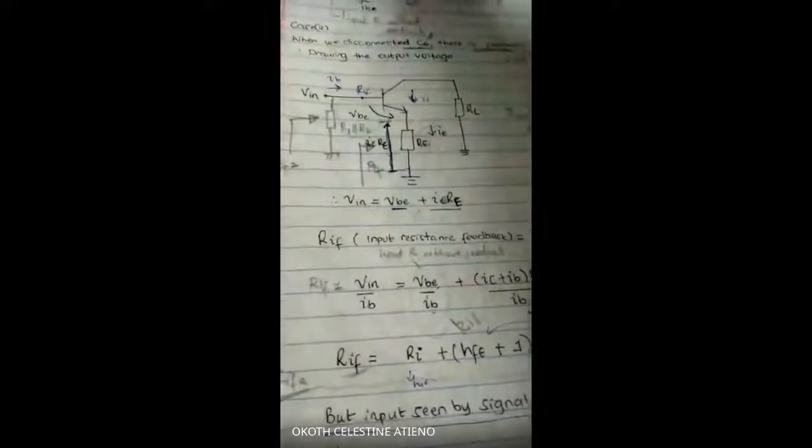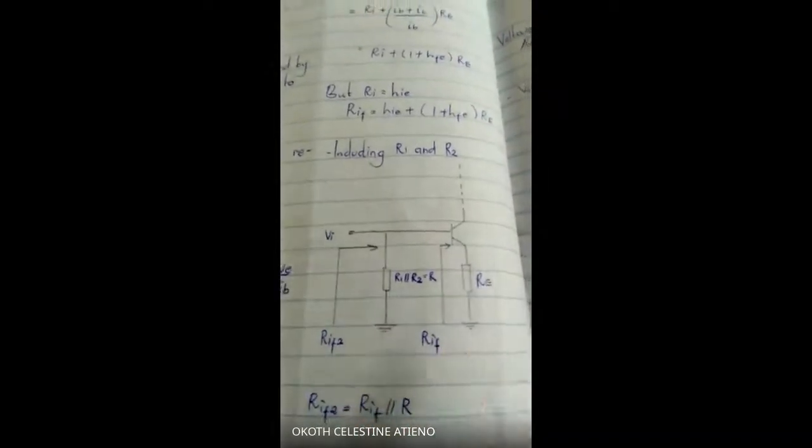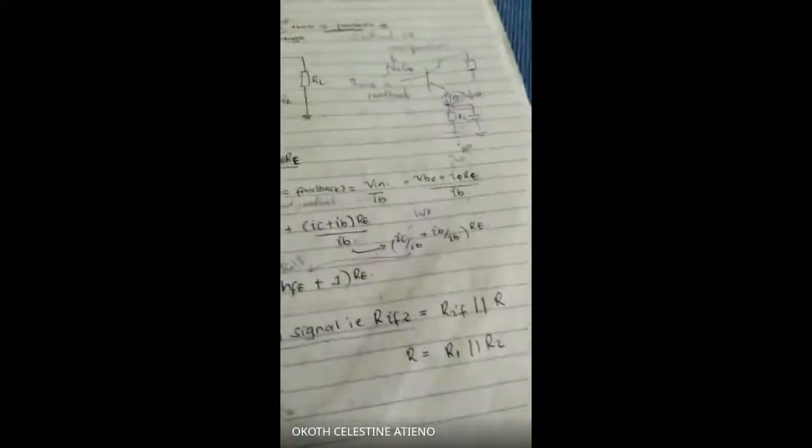So I hope I wrote it cleanly here. This is input resistance seen by the signal, and this is input resistance with feedback. So it will be R1, R2, we dub it as R, so RIF is parallel with R. So I hope that is okay.